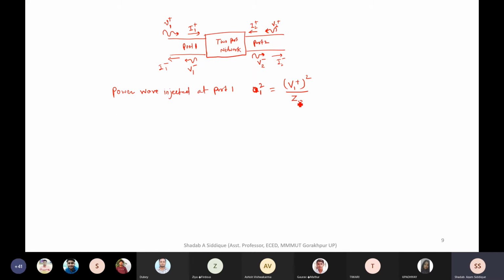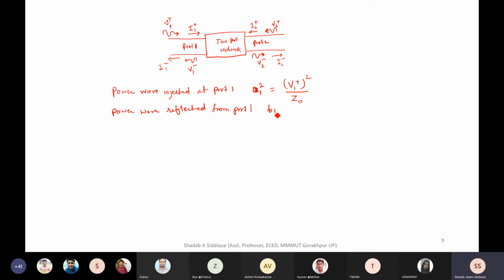Similarly, we check the power wave reflected from port 1.